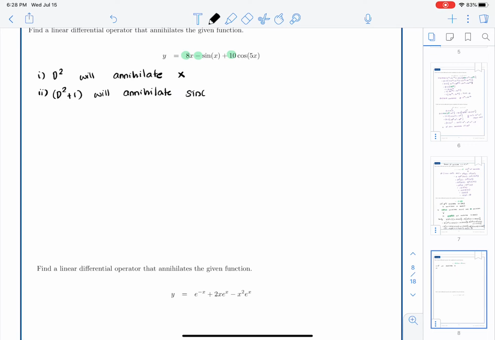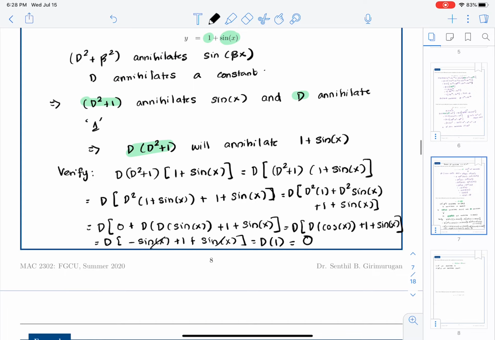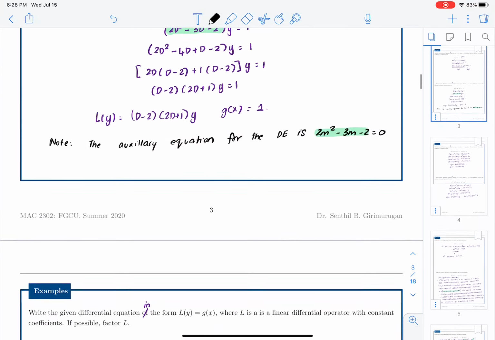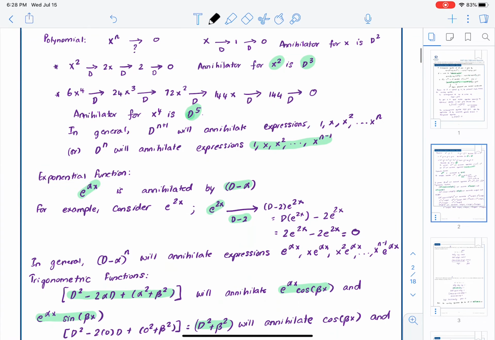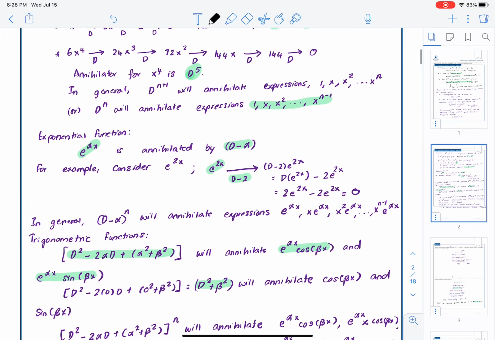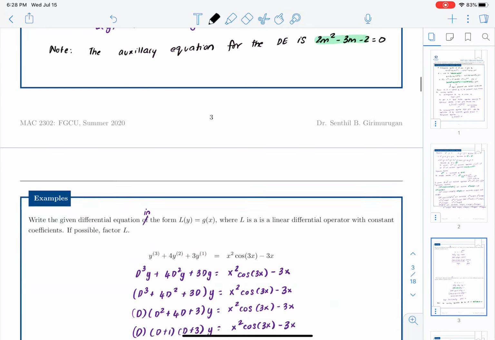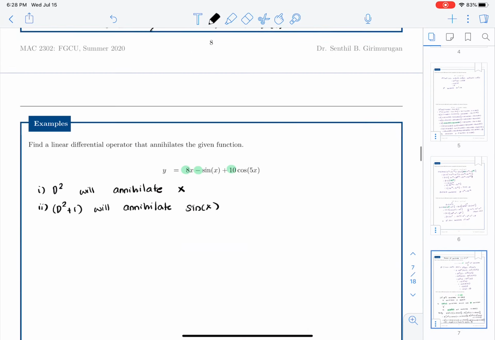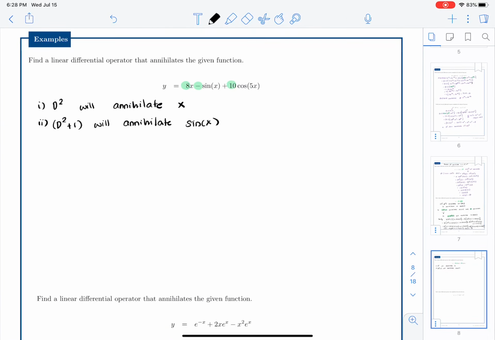Observation 2: D squared plus 1 will annihilate sine x, because we know D squared plus beta squared annihilates sine beta x from the previous problem. I want you to know these key expressions clearly. If you don't forget these, then you can easily do problems of this sort. Lastly, we have cosine 5x.